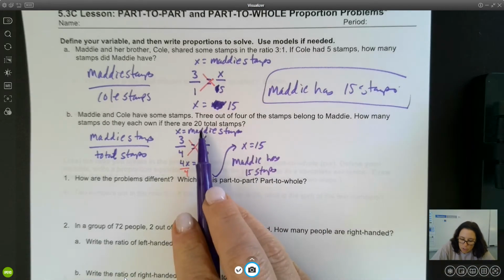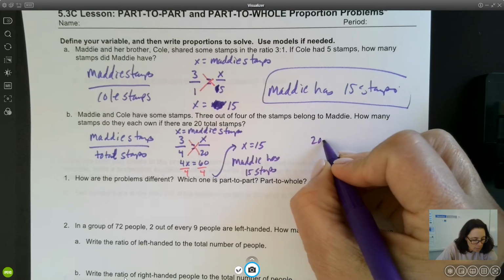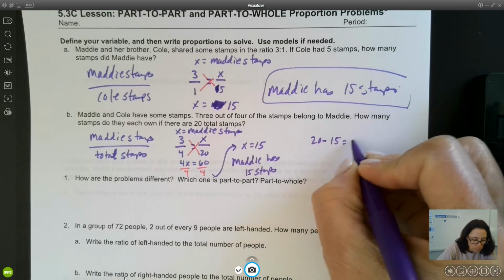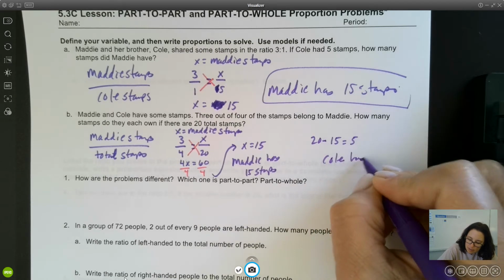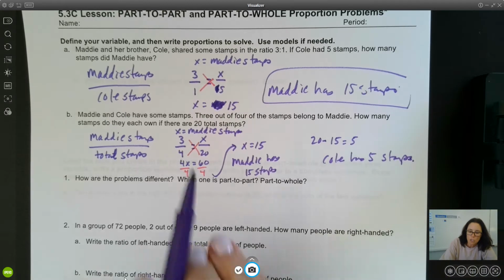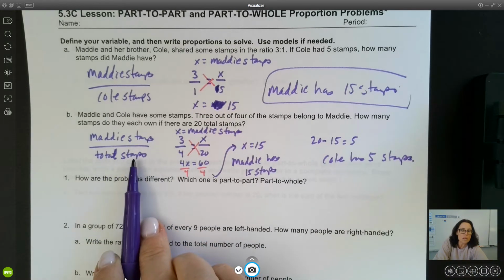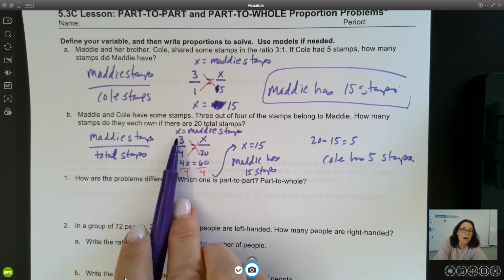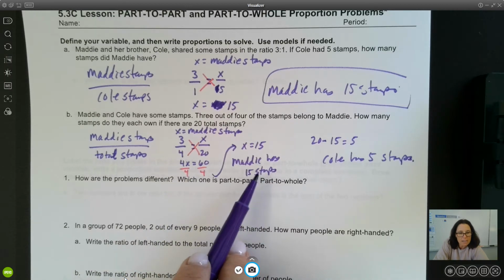If there are 20 total, are we good with 20 minus 15 would be 5? So Cole has 5 stamps. We could have set this up as Cole stamps over total stamps and done 1 out of 4 and then gone that way and gotten 5 as an answer.